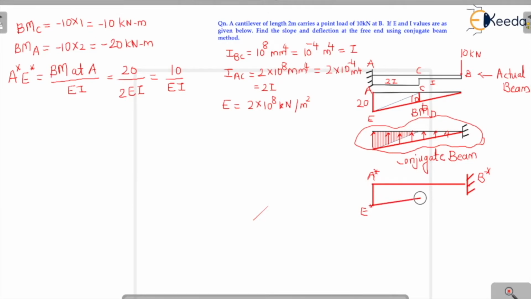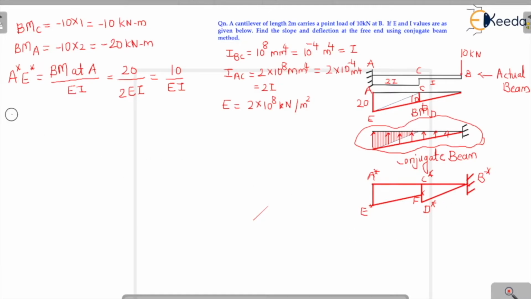I'm just drawing a tentative diagram first because I need to label them. A star, E star, then this is C star. Then let us name it as F and D. This is our D star. Let us name this F star. So now this diagram is complete.